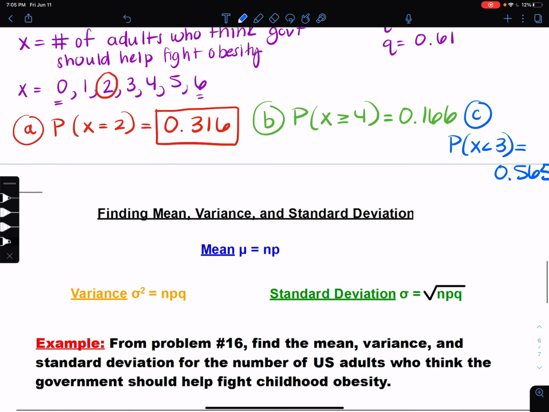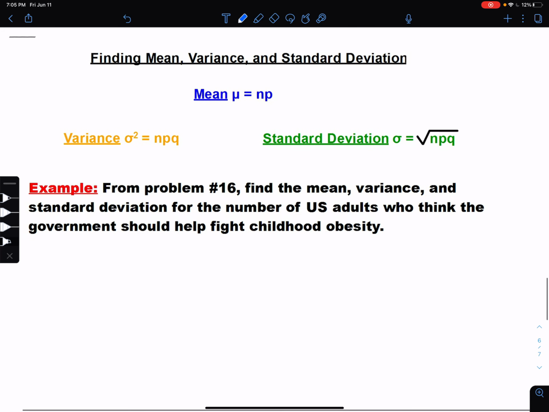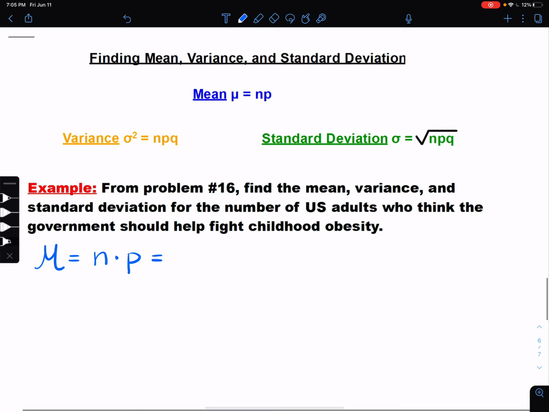Now, the one other thing you're going to be doing in section 4.2 is using these values to calculate the mean, the expected number of successful trials, the variance, and the standard deviation. And the good news here is that these formulas are much simpler than they were in section 4.1. For a binomial distribution, to calculate the mean, all you have to do is take N, the total number of trials, which was 6, multiply that by P, the probability of success, which was 0.39.